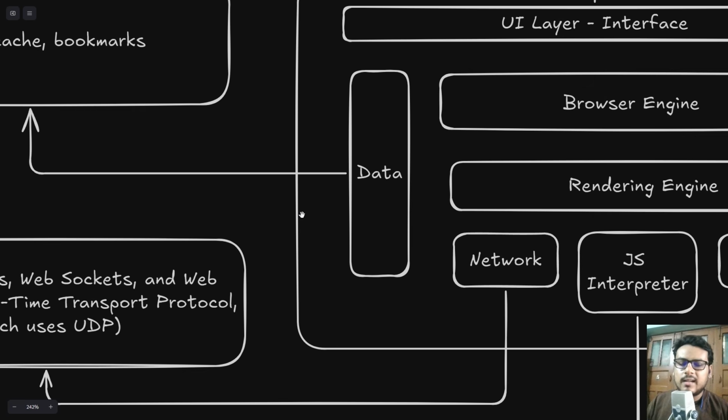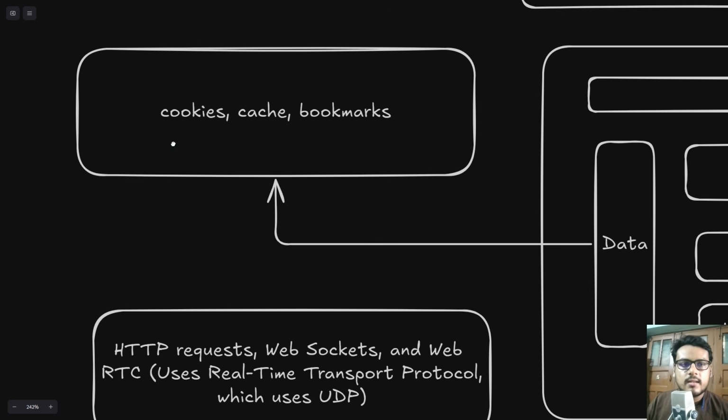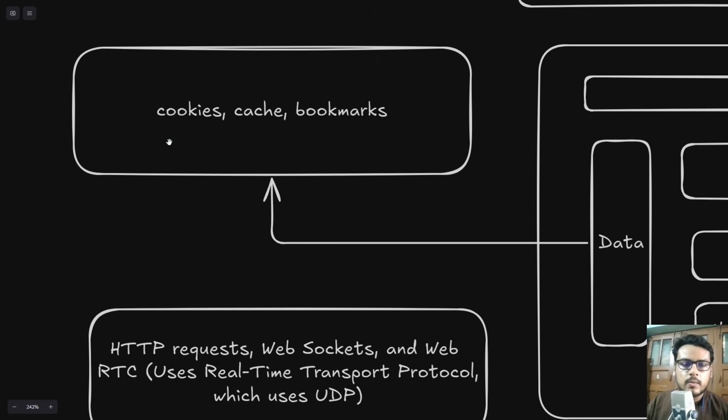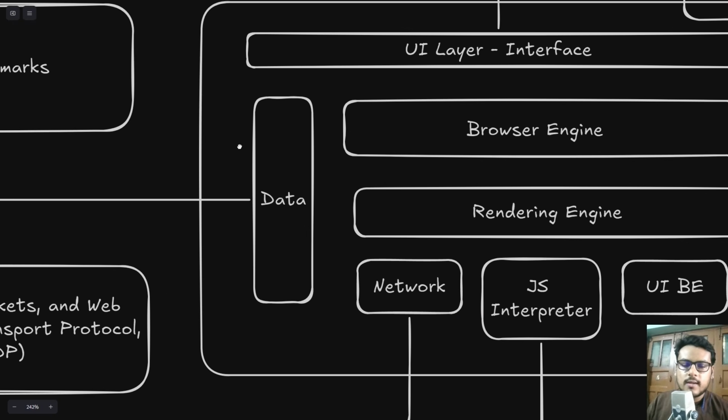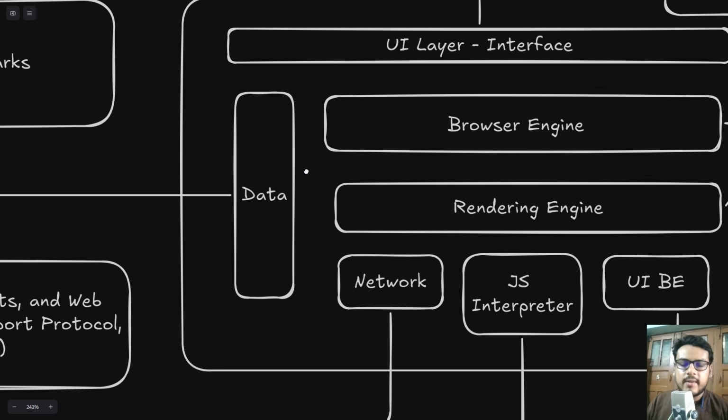Next we have a really simple component, which is the data component. It handles everything related to storage, be it cookies, cache, bookmarks, local storage, or sessions, whether persistent data or temporary data.